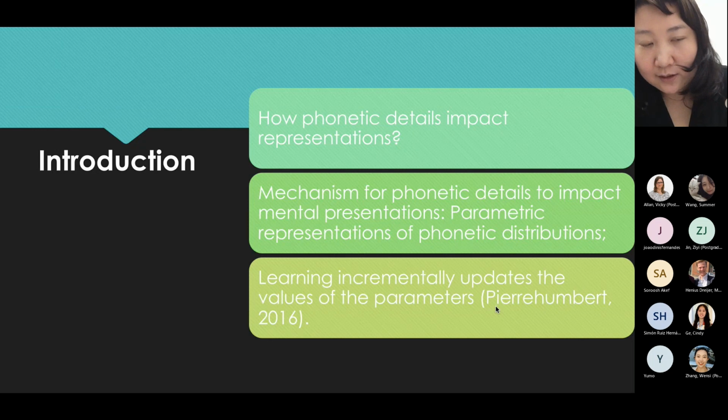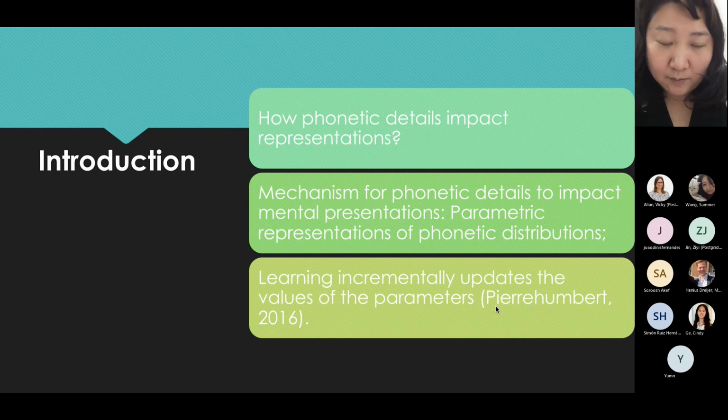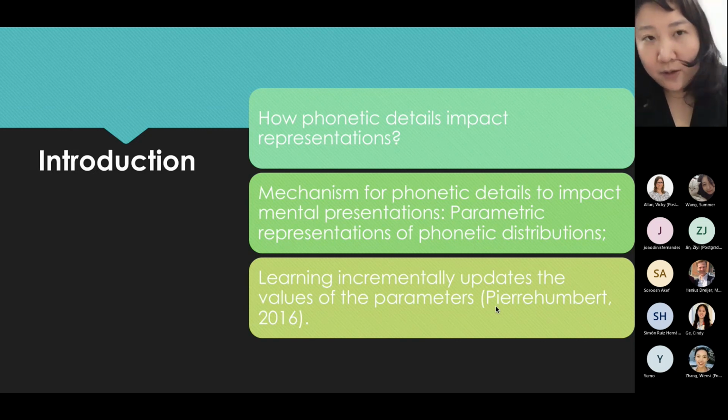And it's interesting to think that we might have different levels of the representations. We might have representations with some details, and we also might have some levels which are more abstract. So how do we integrate this kind of representations? We both need abstract representations and also have some details in the representations.